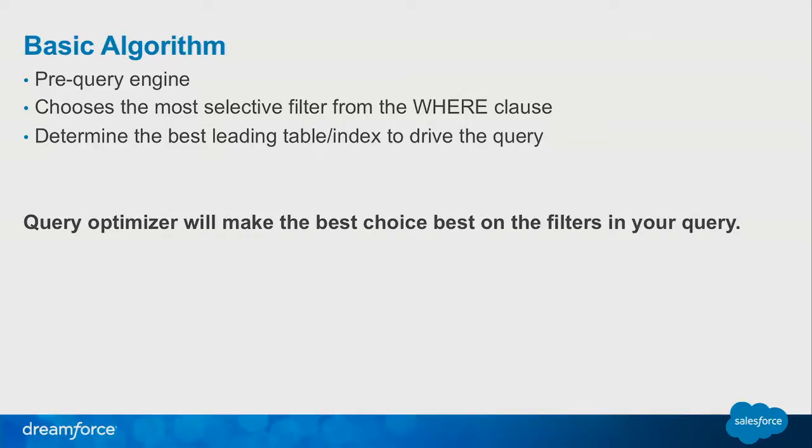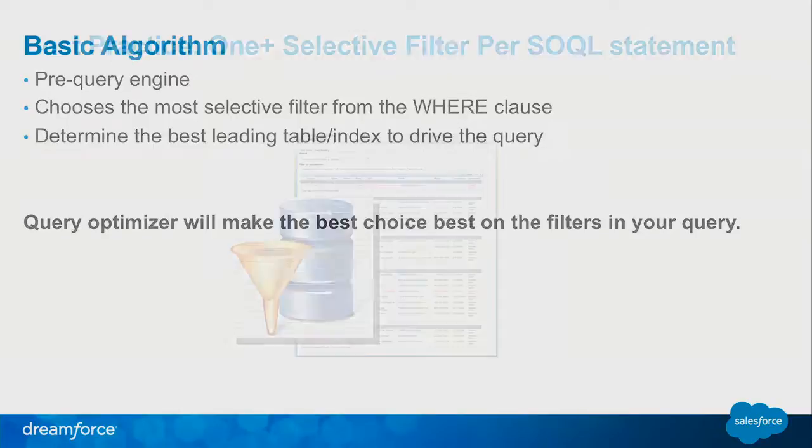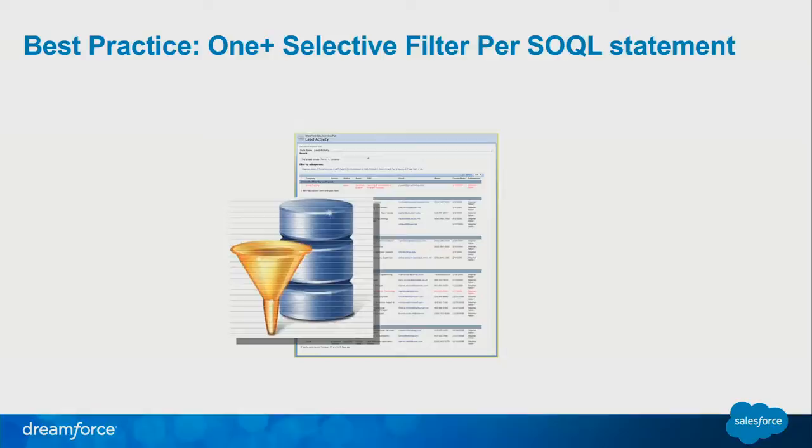It'll select the most selective filter, and it also does some optimizations. So it may combine some of your filters, and we'll cover this with some examples later. But the key here is that you want to help the optimizer make the best choice on how to run the query. So the goal is to have one or more selective filters per your SOQL statement.